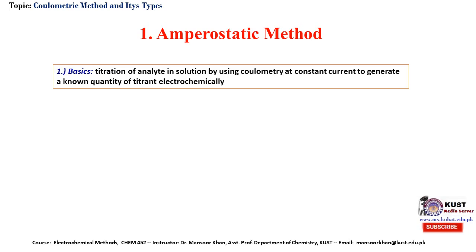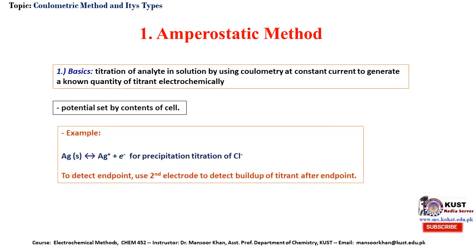In the amperostatic method, the analyte in solution is titrated by using calorimetry at constant current to generate a known quantity of a titrant electrometrically. Potential is set by the contents of the cell. This is the example that we have discussed already, in which we determined the amount of chloride by using Ag as an electrode. To detect the end point, use an electrode titrant.